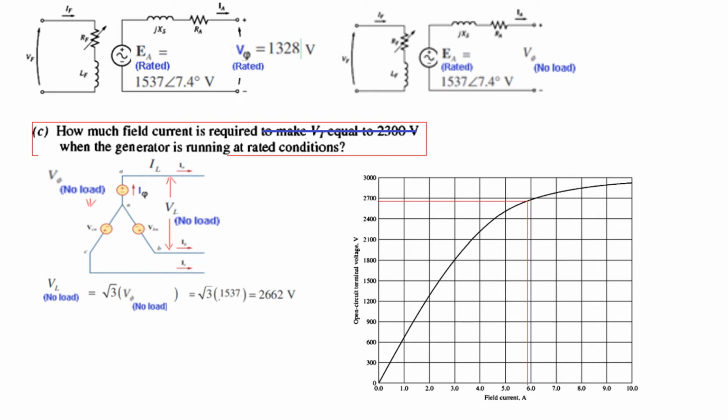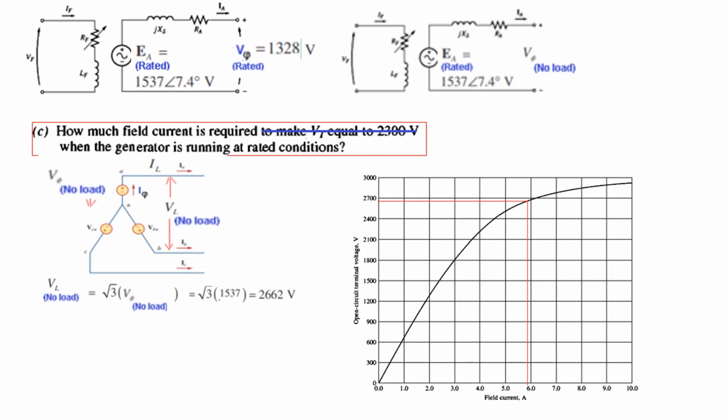So V line no load is root 3 times V phase no load, and V phase no load we have determined from here to be 1537. So the V line no load now will be 2662 for this condition, because this was the rated condition. Now to maintain this rated condition, we have to generate the line voltage of 2662.